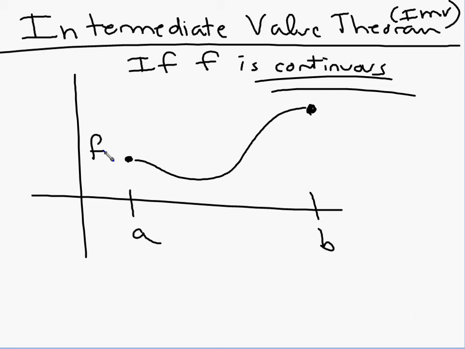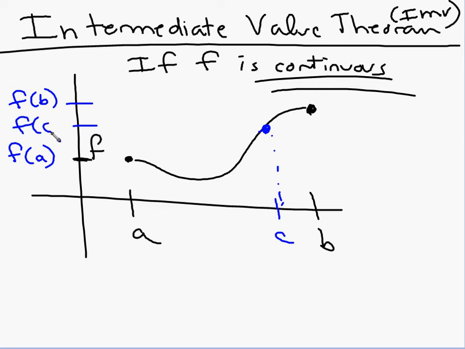Then there has to be a place. This value right here, isn't this called f of a? And isn't this value up here f of b? If this function is continuous, then there has to be a place in between those two, f of c.